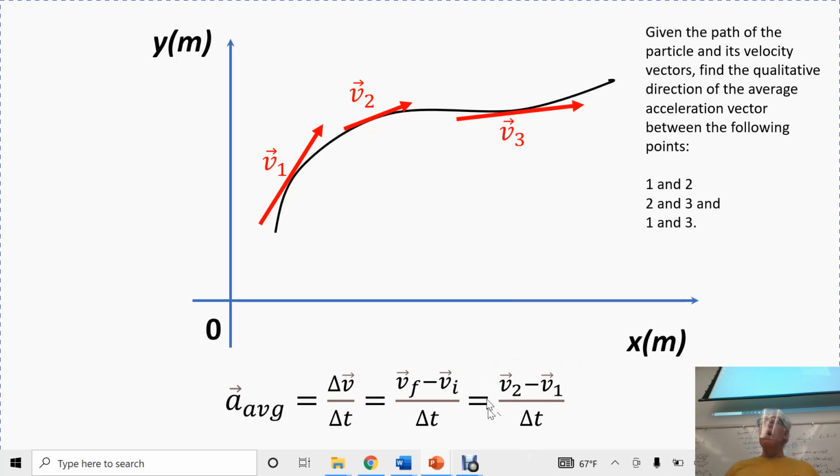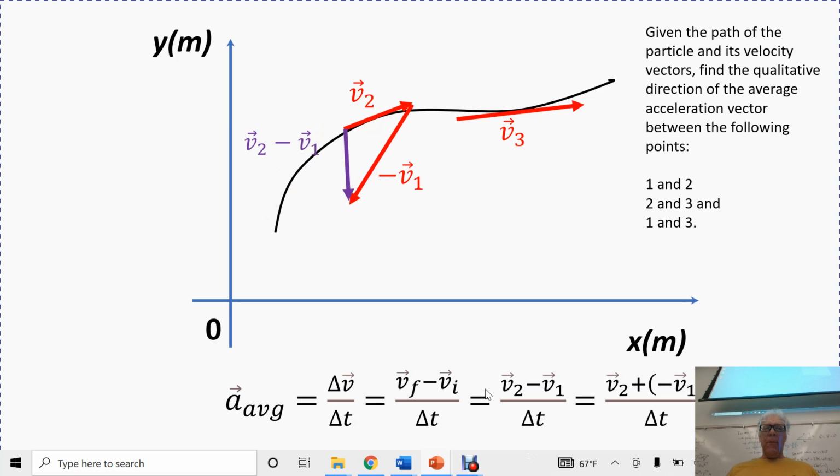That's a very good clue to find out the direction of the average acceleration vector. Have you pictured that already? Remember, I don't want the exact length of the vector, just the generic, qualitative direction.